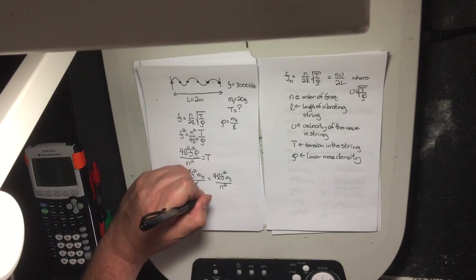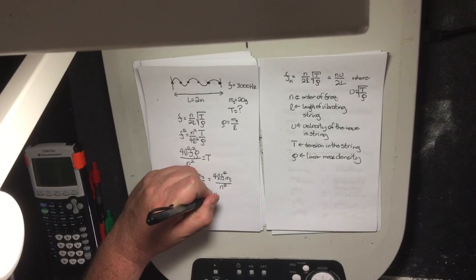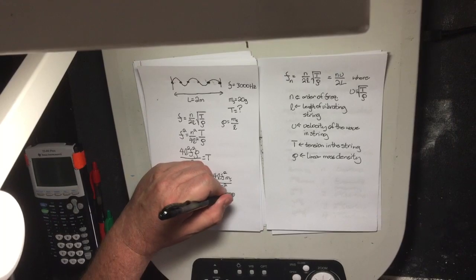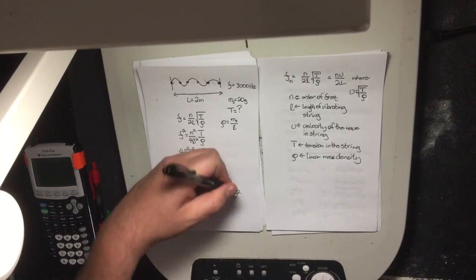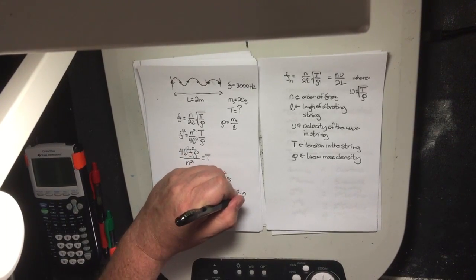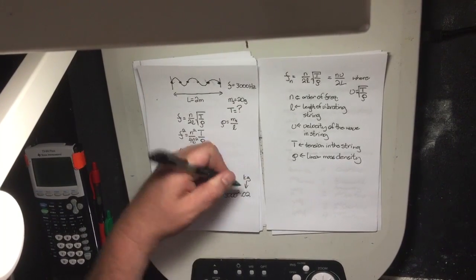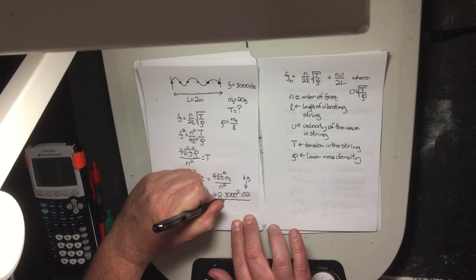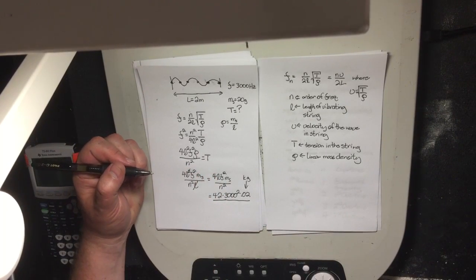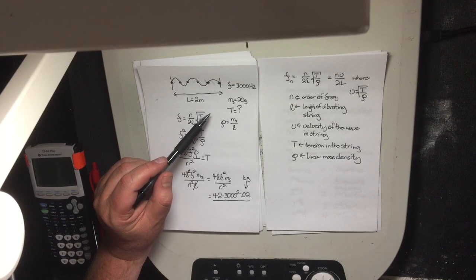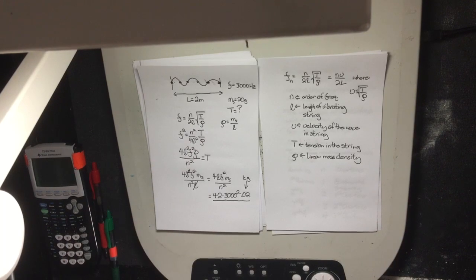So let's put in our values. L, 2. F, 3,000. Mass of the string, 0.02. This has to be converted into kilograms. And then, what's my value of n? What's the value of n? 5.